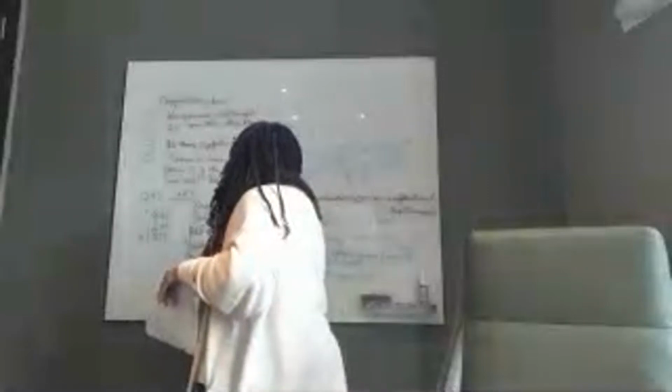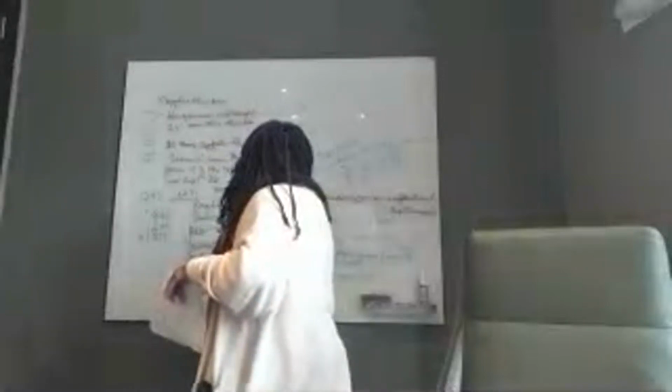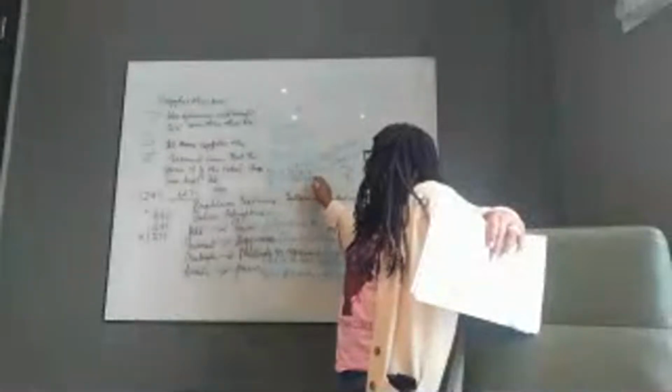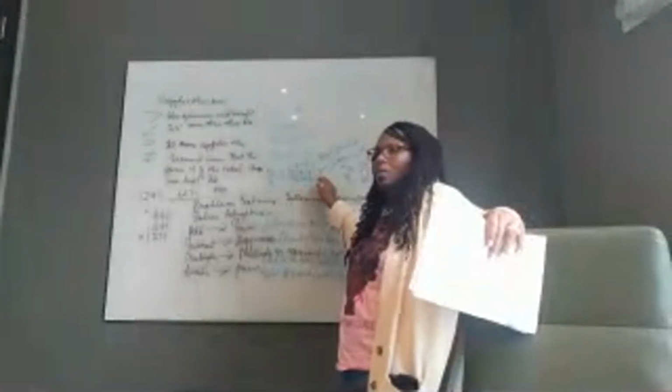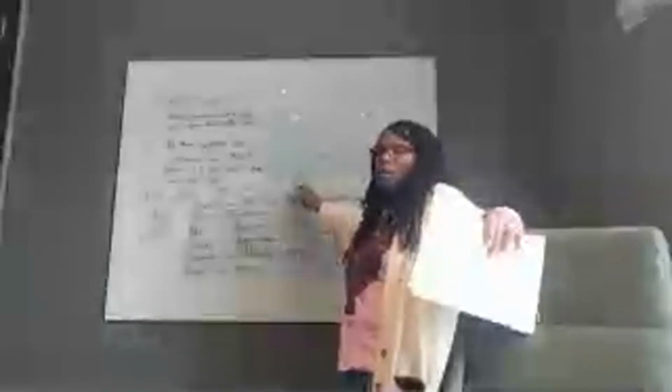3/3 equal a whole. I would have never known. 3/3 equals 1. Look at this. 1, 1, 1. That equals what? 3. The denominator stays the same. Equals a what? One whole.